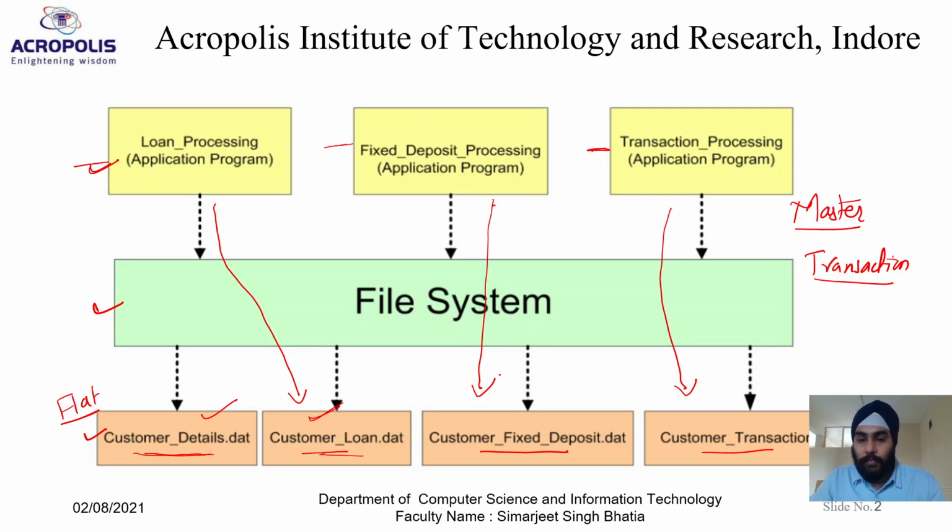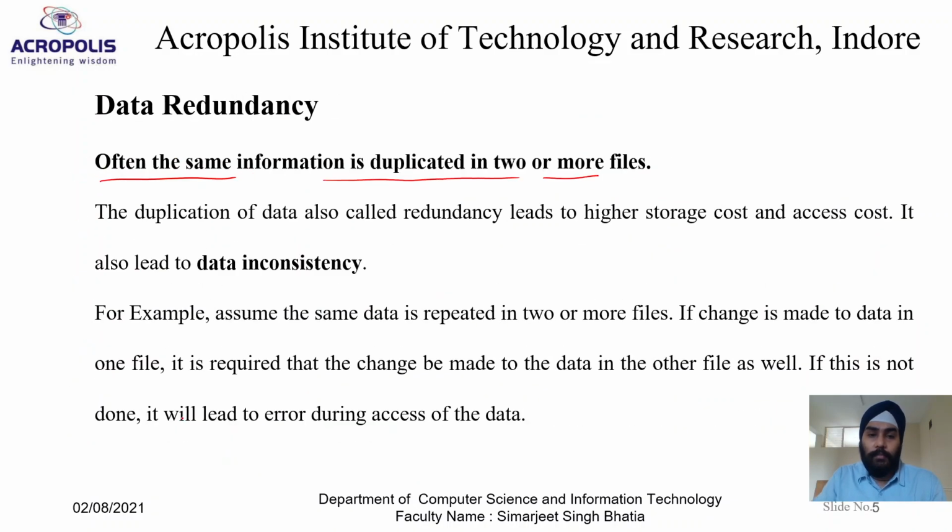Customer fixed deposit and customer transaction will contain the same details as well. So at least customer name and account number, and possibly email ID, will be repeated in each and every data file. So there is redundancy, because the information is duplicated among more than one file.